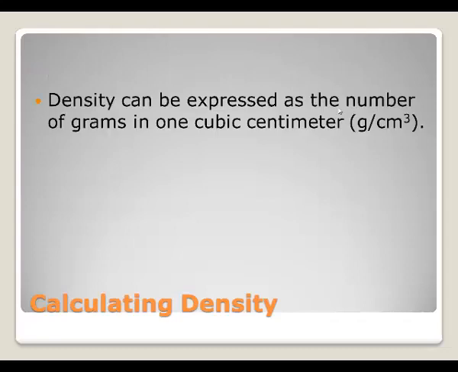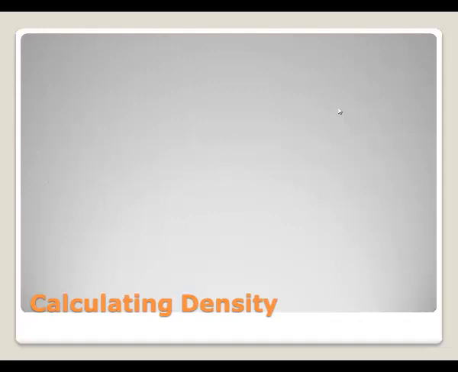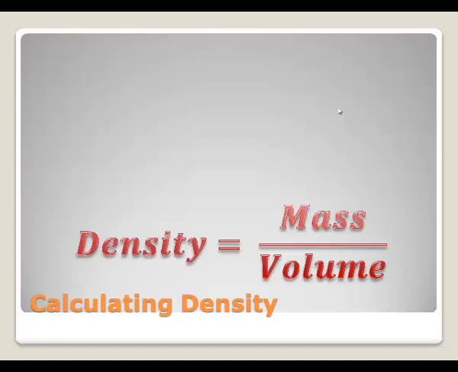It can be expressed as the number of grams in 1 cubic centimeter, so grams per cubic centimeter. You can determine the density of a sample of matter by dividing its mass by its volume. So density equals mass over volume.